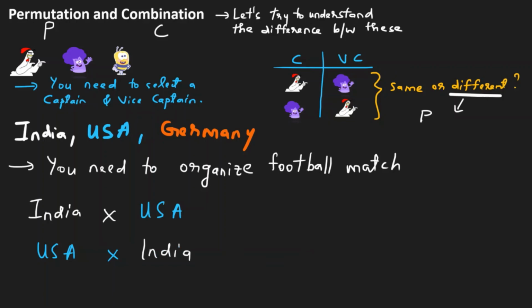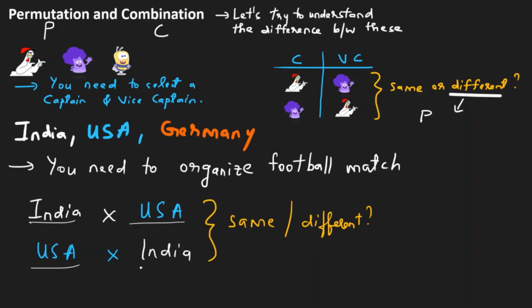Now let's ask the same question that we asked over here. Are these 2 instances the same or different? Over here also you have India and USA. Over here also you have USA and India, right? Now you will agree with me that these 2 are the same, right? India playing USA and USA playing India, both are one and the same. It is in these type of instances that we use combination.